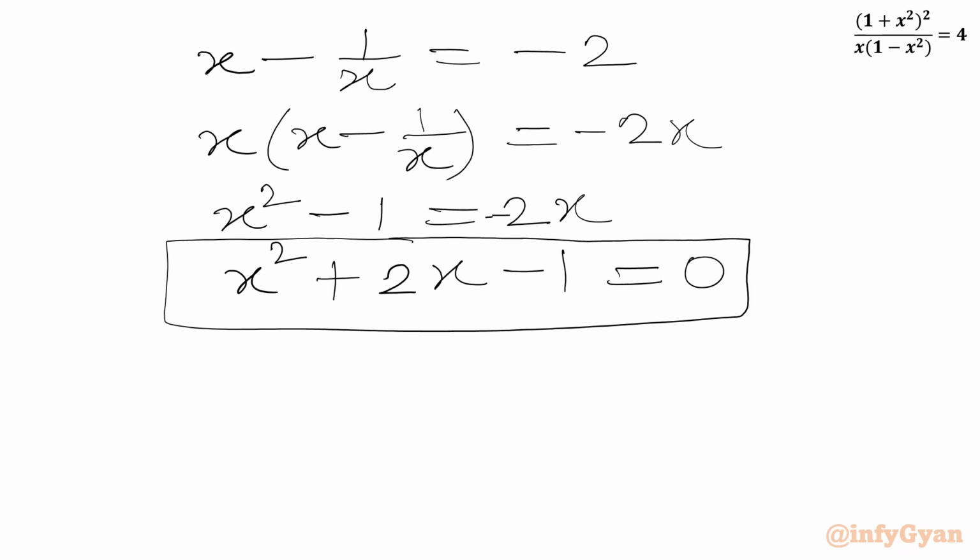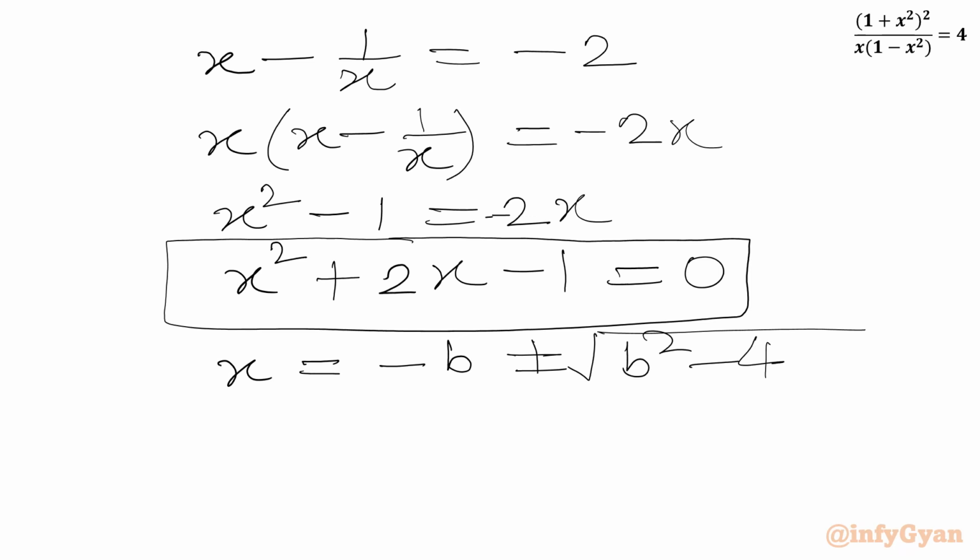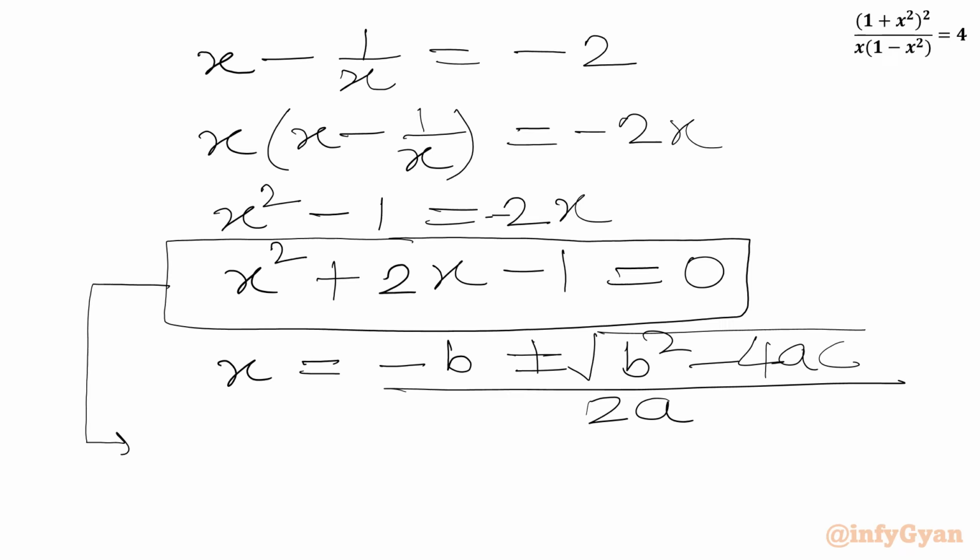Now this is one quadratic equation. We will use quadratic formula. So I will write here x equal to minus b plus minus square root of b square minus 4ac over 2a. As per our equation, the value of a, b, c: a is 1, b is 2 and c is negative 1.